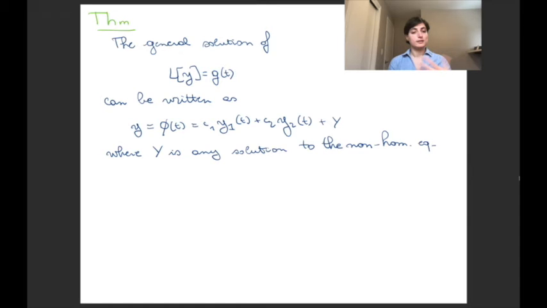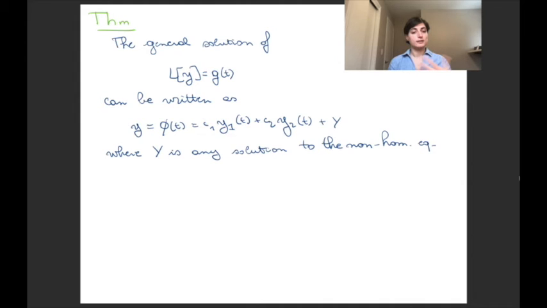A new theorem states that the general solution of a non-homogeneous ODE can be written as the linear combination of the fundamental set of solutions of the homogeneous ODE plus capital Y, where capital Y is any solution of the non-homogeneous ODE. So let's think about this a second longer.